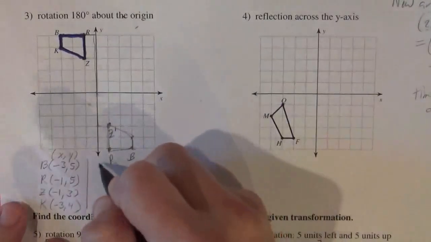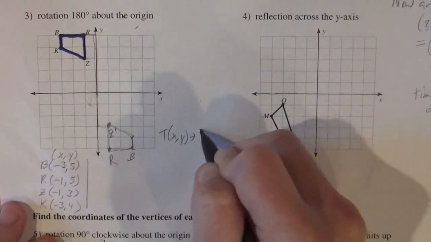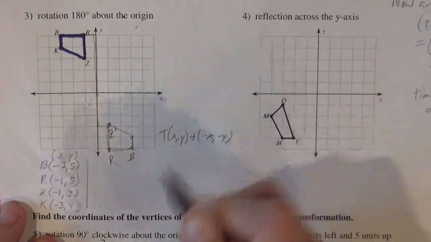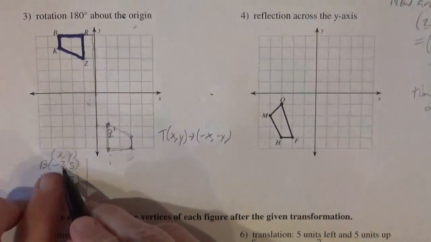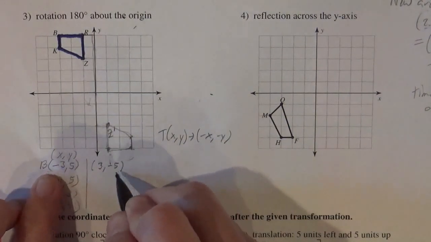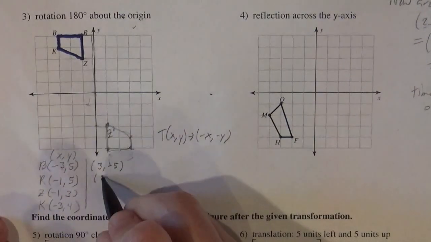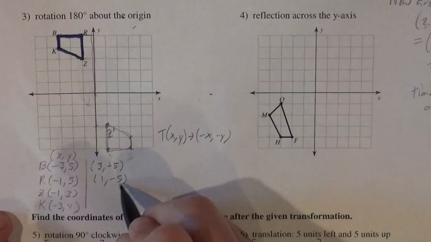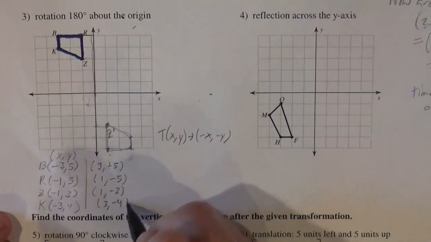The way your transformation looks, T(x, y) becomes (negative x, negative y). So if our original point was negative 3, 5, then our new point is 3, negative 5. If our old point was negative 1, 5, our new point will be 1, negative 5, 1, negative 3, 3, negative 4.